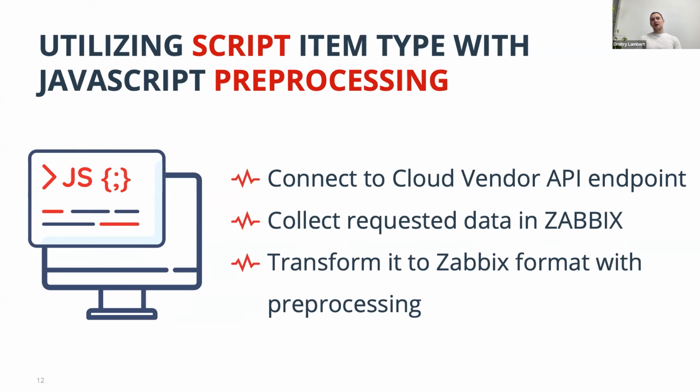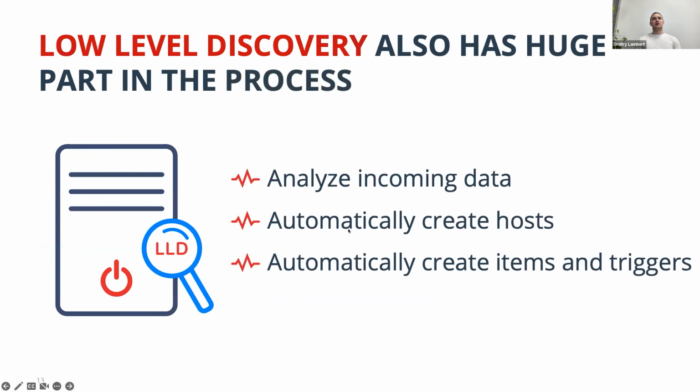It is a tool which allows you to connect to any API endpoints or whatever else you might want to monitor, gather some sort of data, use pre-processing tools to transform it so you're able to use it within Zabbix, collect it, use it in graphs, reports, dashboards, build triggers on top of that, and be informed about what is happening in your environment.